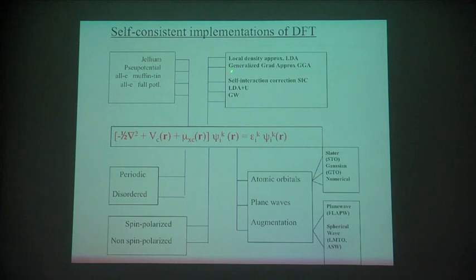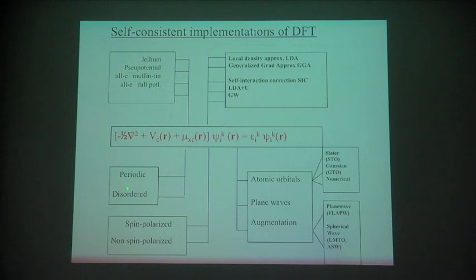Then Manoj discussed the different ways in which the exchange correlation functional can be incorporated, whether it is local density or GGA. We have not got time to discuss GW and LDA plus U so far, but next week you are going to have lectures by Manish Jain where he will introduce the GW. But you have to know the full picture once and for all of how the entire thing is working.